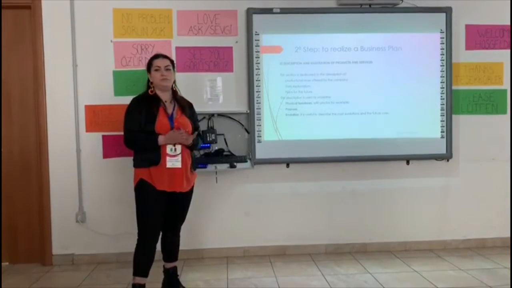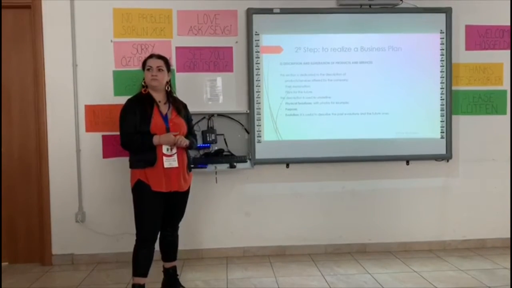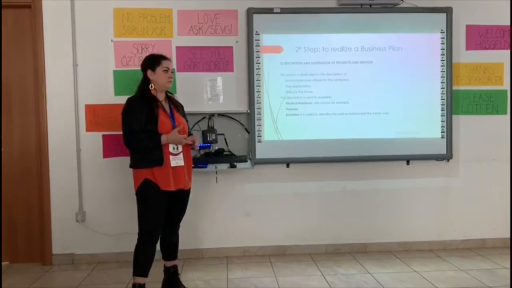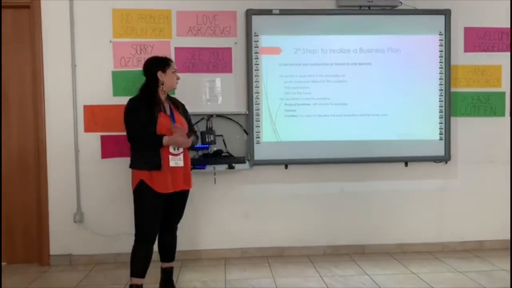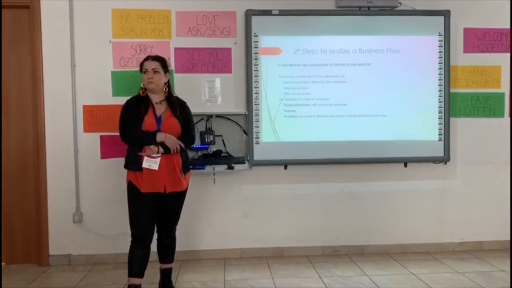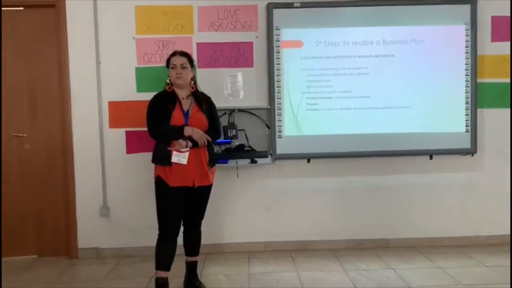Okay, so once you describe what your goal is and the description of your company, of course, in the same paper, you take a picture of your products and say, okay, this is what I want to sell. The purpose, why? Why do you want to sell it? Because you decide that it could be a good product to sell, so I just want to sell this.